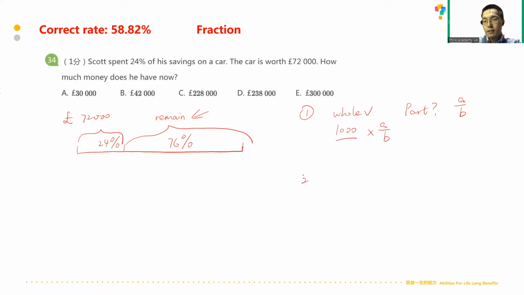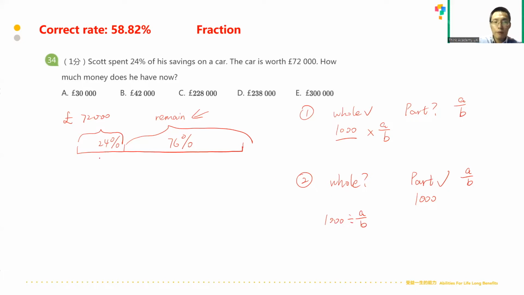And the second type is we don't know the whole. We want to find the whole, but we know the part, and we also know the fraction of part over whole, say this is also A over B. Say the part is 1,000. Then to find the whole, from part to whole, we use division.